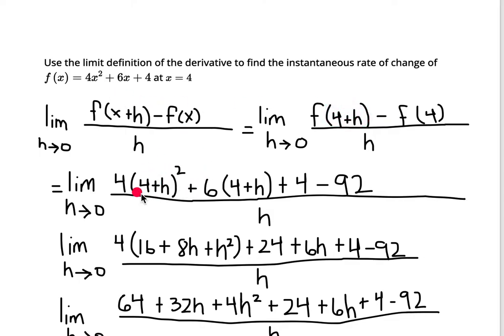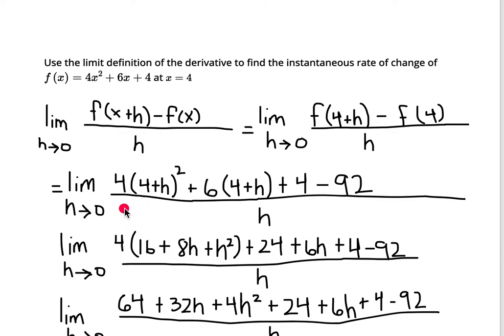So this was my x squared, now it's 4 plus h squared, plus 6 times my x, so that gives me 6 times 4 plus h when I do my substitution, plus this 4 here, and then I have to subtract my value of f of 4. When I plug in 4 here, that's going to give me a negative 92.